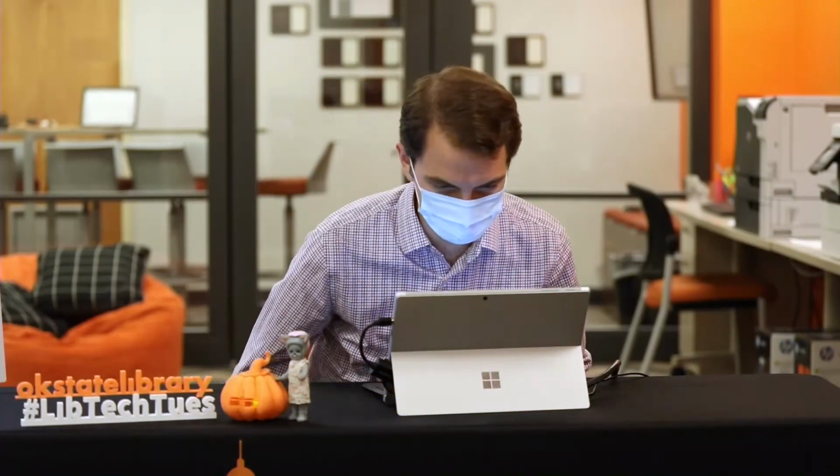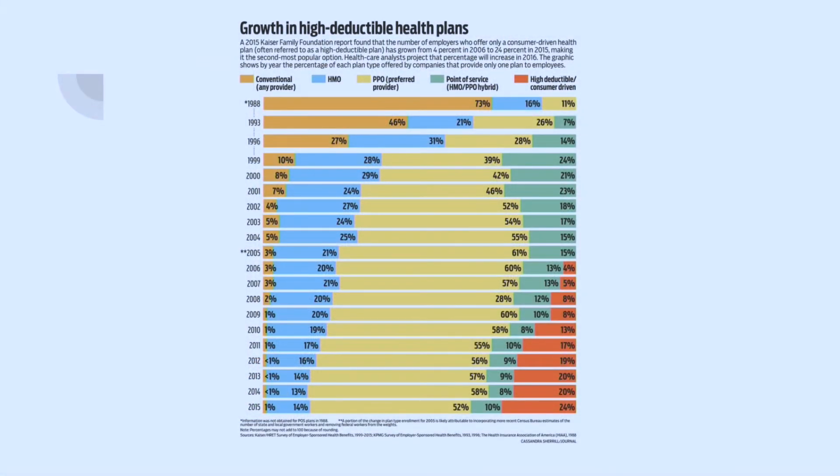And one last 100% chart shows how over time there's been a change in the health insurance industry in terms of the types of health insurance coverage people are getting. The particular focus of this chart is high deductible health plans, and those are represented in red.